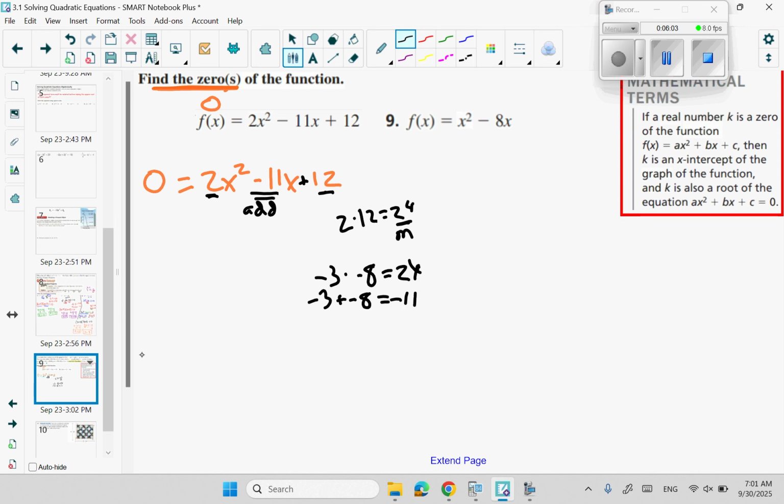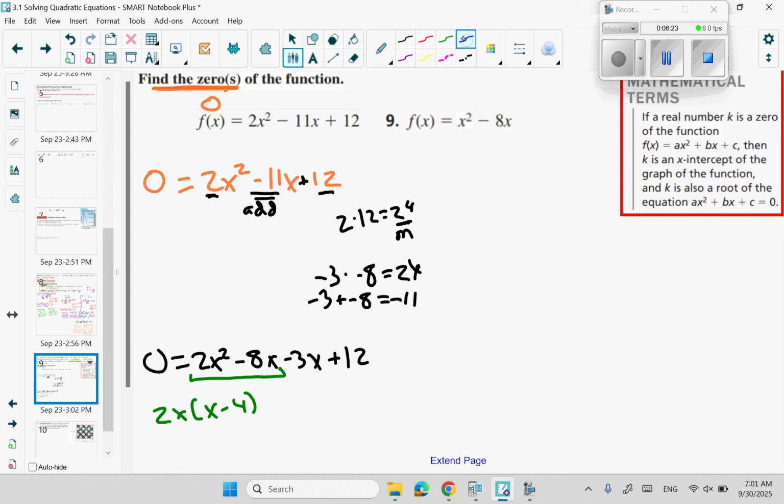So we get 0 equals 2x squared, I'm going to go minus 8x minus 3x plus 12. What can I take out of these two? That would be, of course, 2x, giving me x minus 4. What would I divide negative 3x plus 12 to give me exactly x minus 4? That would be negative 3.